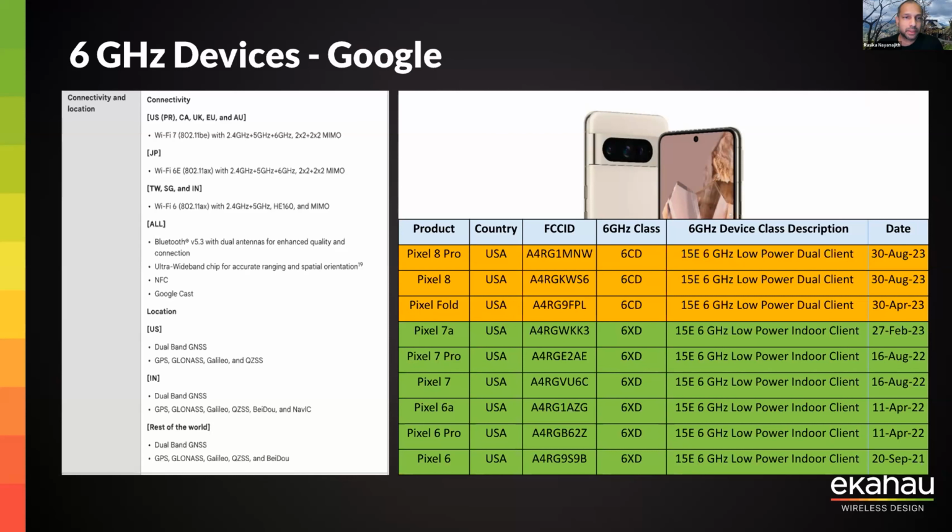That means the Pixel 8 phone can connect to a standard power access point as well as a low power indoor access point. So it is important to know, because in that way the Google Pixel 8 will not have a problem. But if you're deploying a standard power access point and you have a legacy client, Pixel 6, it may sometimes not be able to see the SSID, not able to connect.